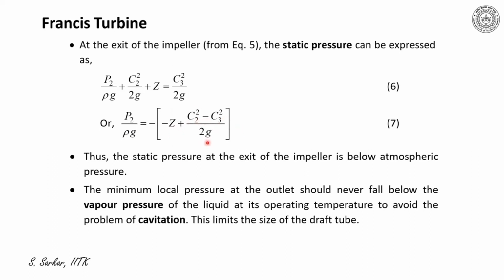Equation number 7. Hence, the static pressure at the exit of the impeller is below the atmospheric pressure. The minimum local pressure at the outlet should never fall below the vapor pressure of the liquid at the operating temperature to avoid the problem of cavitation. This limits the size of the draft tube.